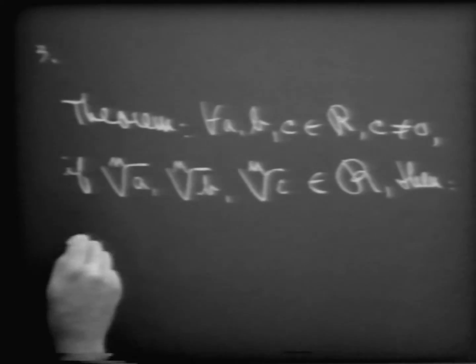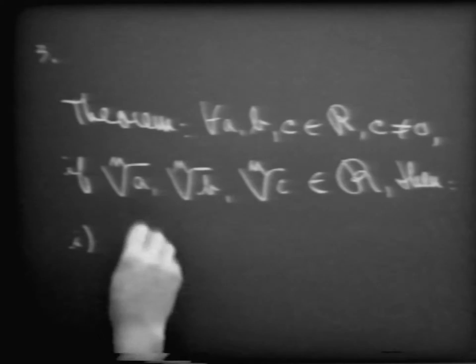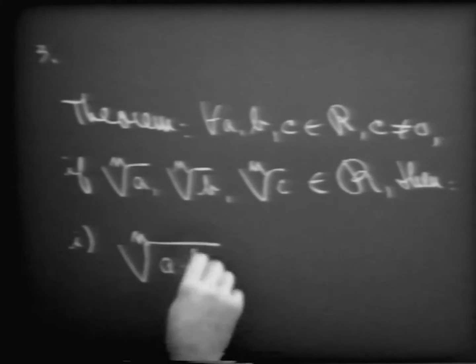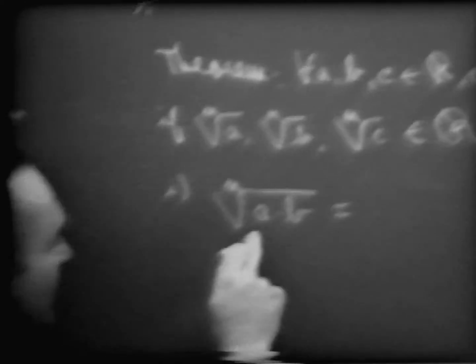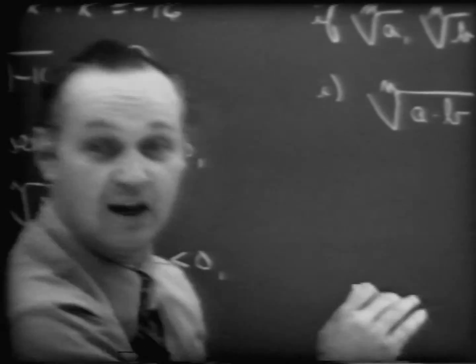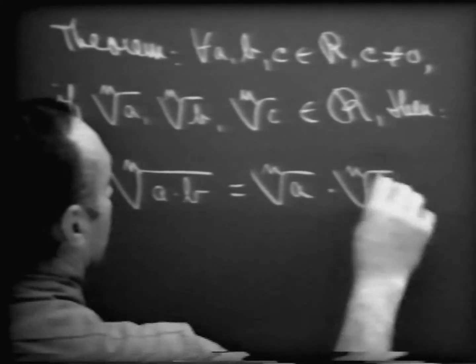Well, I think we may say two statements. What then can we say about the nth root of a times b? This is the same theorem that we had for square roots, and now in this lesson for cube roots, and now we're trying to generalize it to the nth root. It's equal to the nth root of a times the nth root of b.